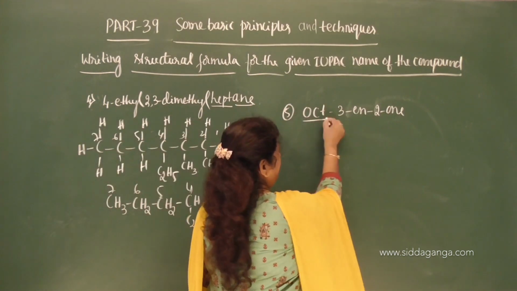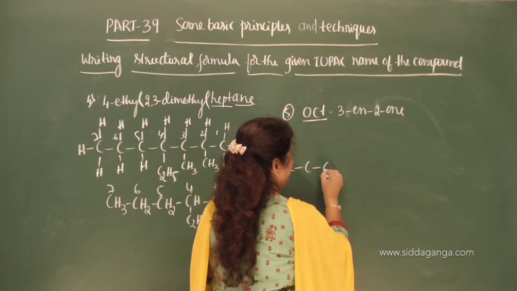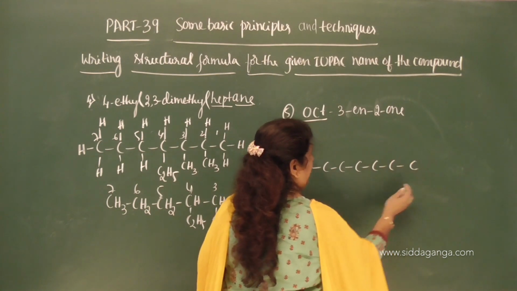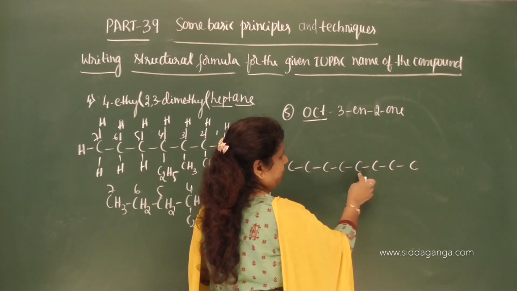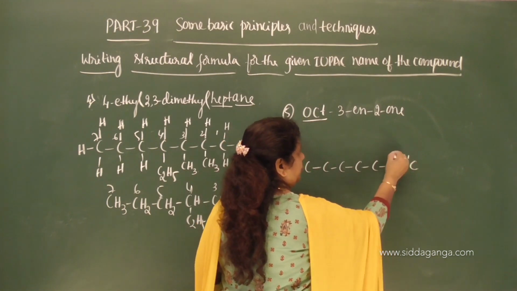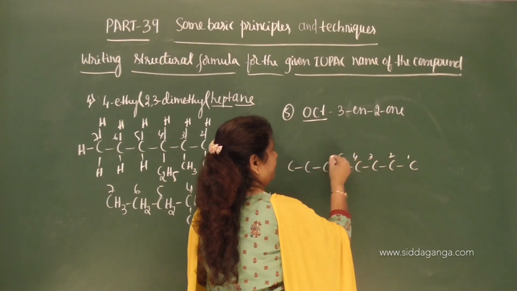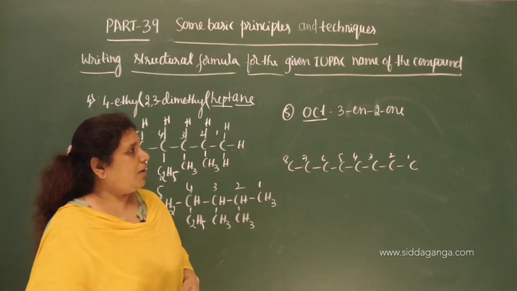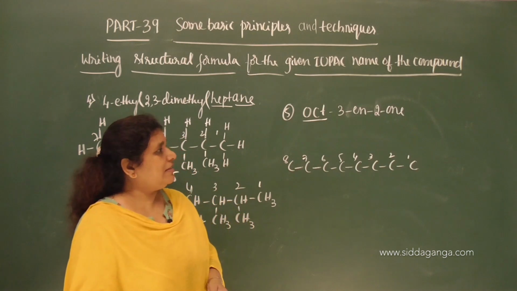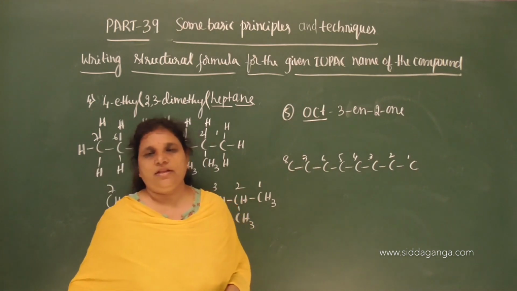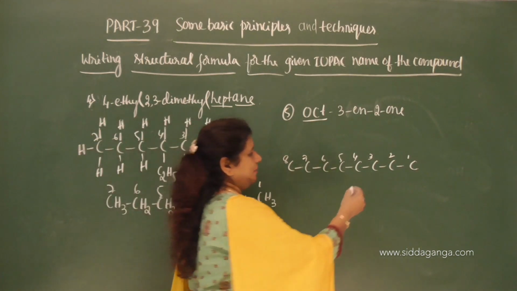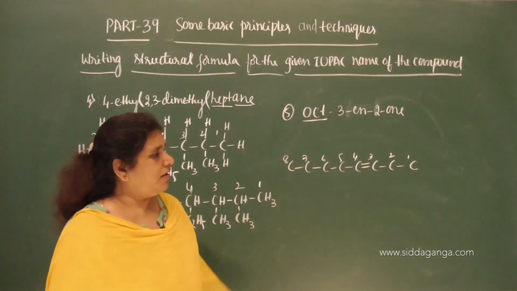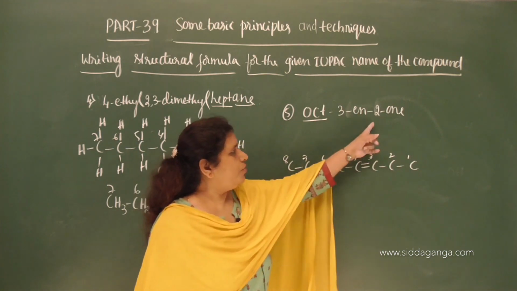Root word is oct. 1, 2, 3, 4, 5, 6, 7, 8. Correct? Now, what is the primary suffix? 3-ene means between third and fourth carbon we have a double bond. Place the double bond between third and fourth carbon, 3-ene, 2-one.